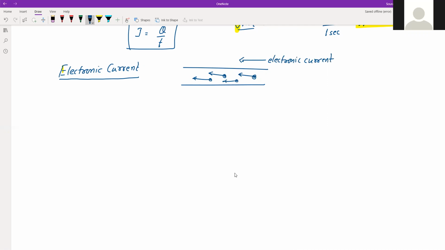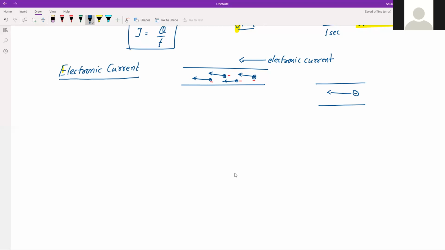And if that is the case, these charges are electrons, so these are negative charges, right? So what happens due to that, when a negative charge moves, suppose there is a negative charge here, it moved from here to here. Some particle will be there which will be negatively charged.